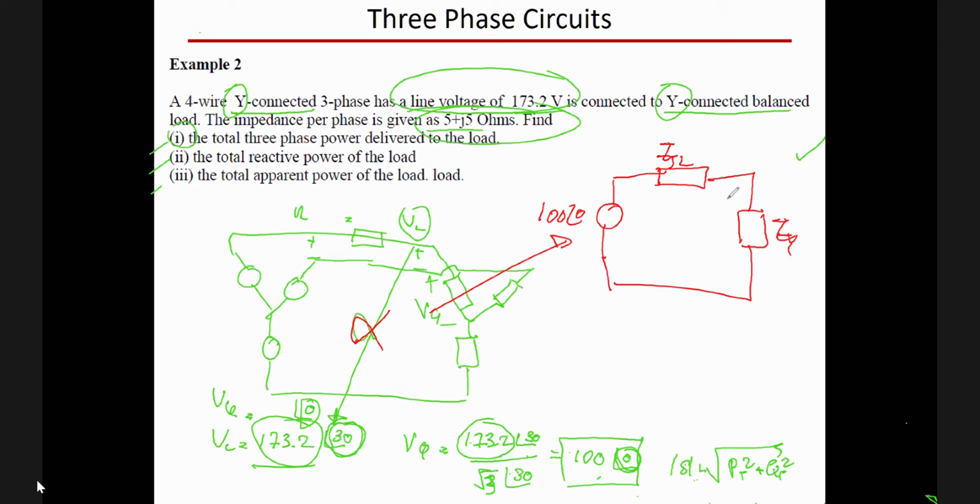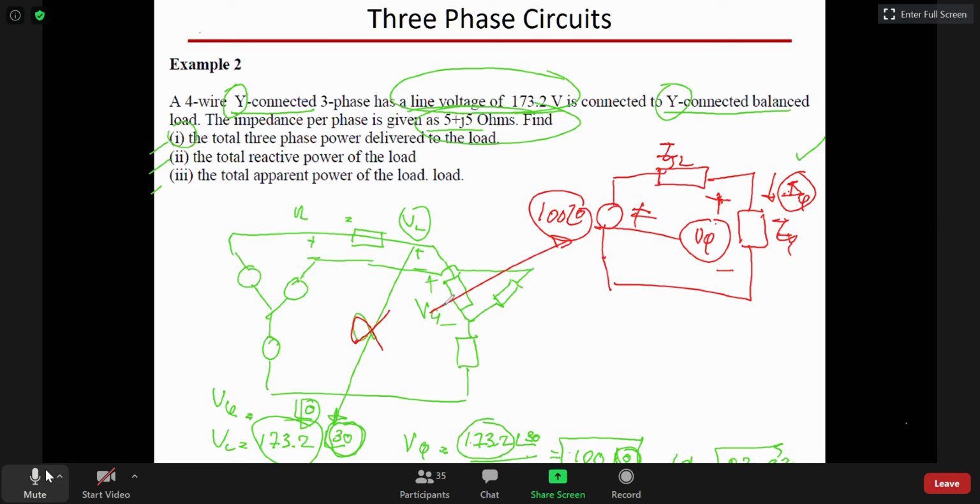So you need now to find the voltage across the load itself. This will be V phase. Once you find the voltage V phase and you have the impedance, you can also find I phase. Then you use this and this for the power calculation. So this will not be the same as 100 angle 0. Okay? Is it clear? So whenever you have impedance in the transmission line, just use the single phase representation, period.